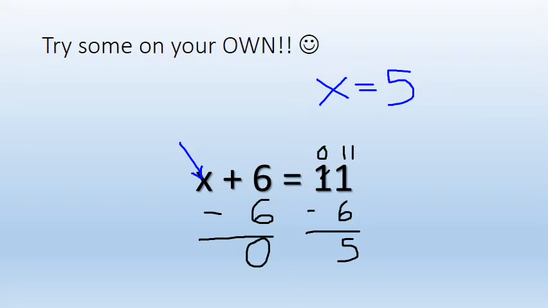Only one last thing to do, which is to double check our answer. So instead of writing x plus 6 equals 11, we can write down our variable answer, 5 plus 6, and it really does equal 11.